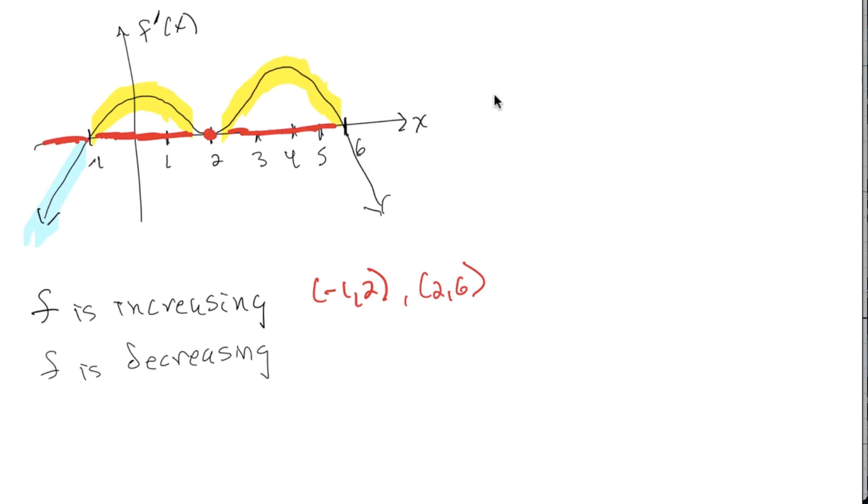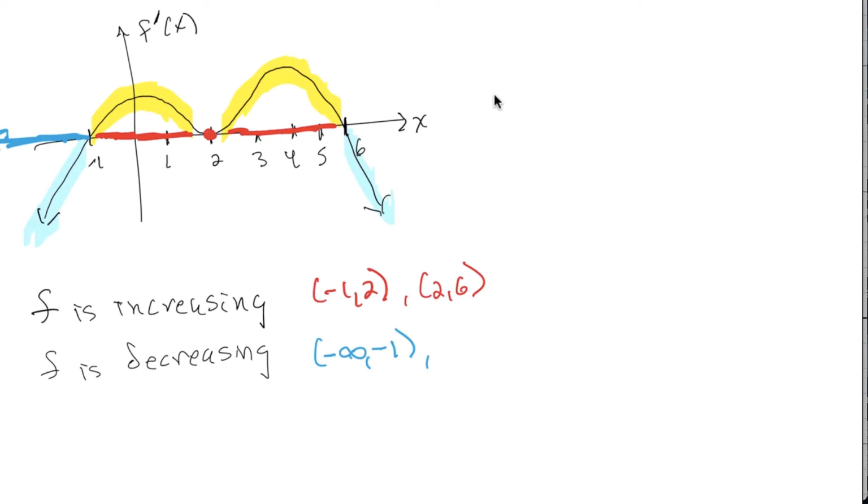I'm going to change color here so I can distinguish what I'm writing. So let me pick blue. Any x to the left of -1, the derivative is negative, and therefore the function will be decreasing. And then ditto, out here on the far right hand side of the graph, the derivative is negative again.